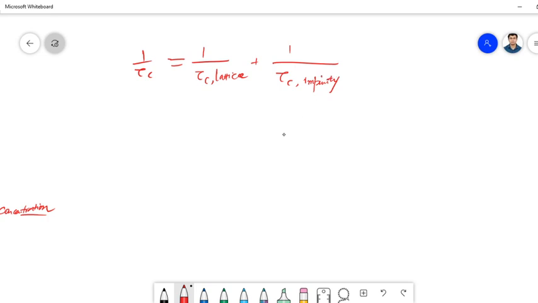From here you get 1 by mu equals 1 by mu L plus 1 over mu I, because in the last equations we have seen that tau is proportional to mu. So overall mobility is related by this relation.